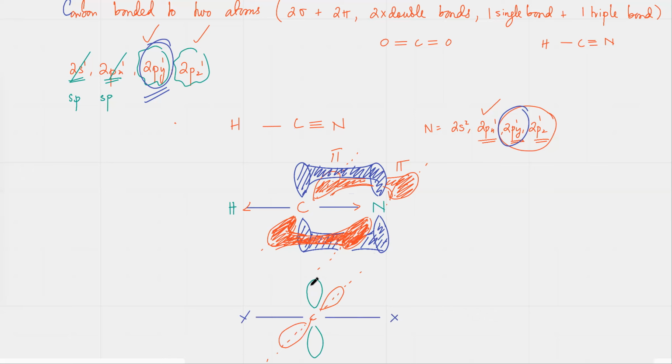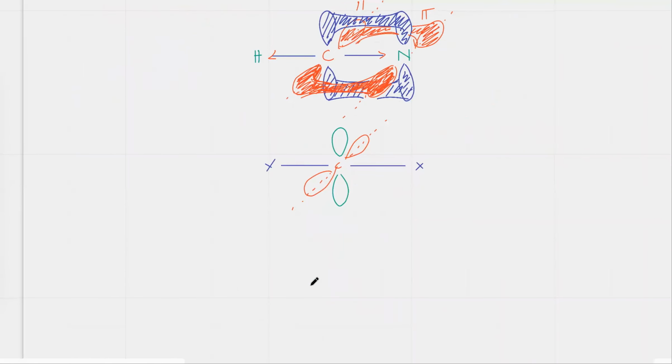In carbon dioxide, something similar happens. In carbon dioxide, carbon has an oxygen on one side and another oxygen on the other side. So out of the 4 electrons, one electron gets pulled by one oxygen, the other electron gets pulled by the other oxygen.